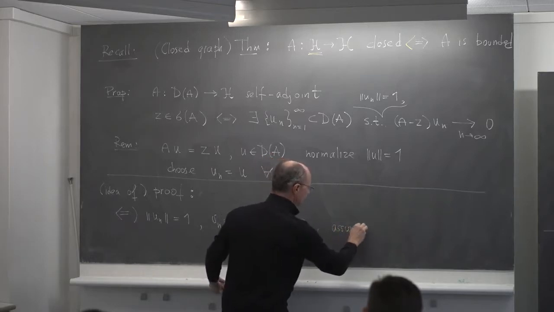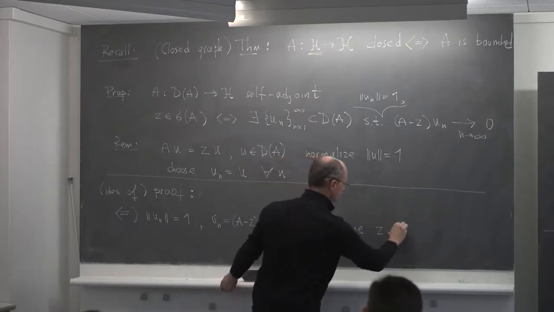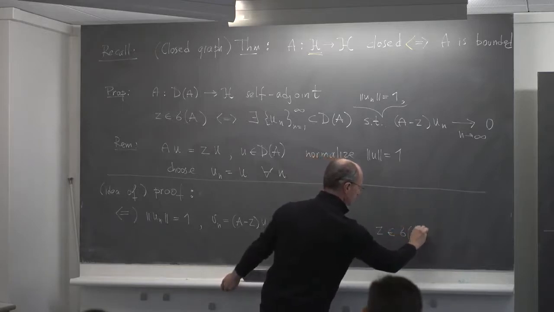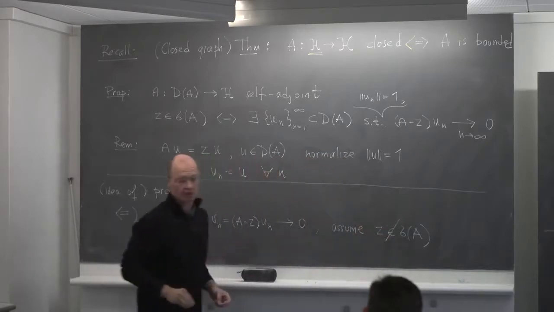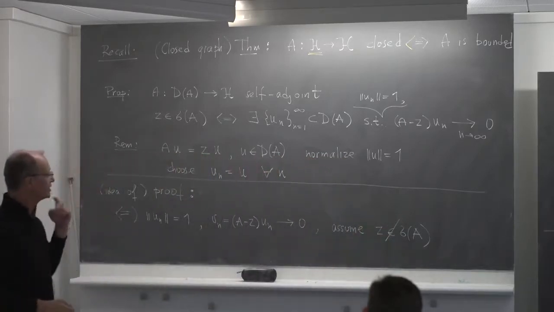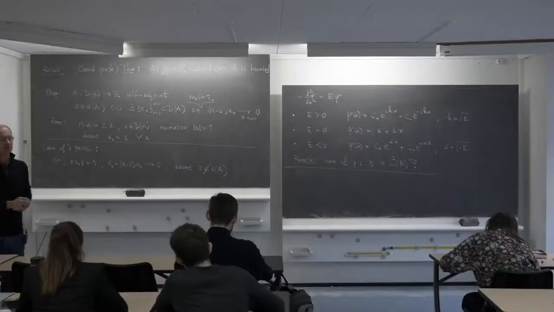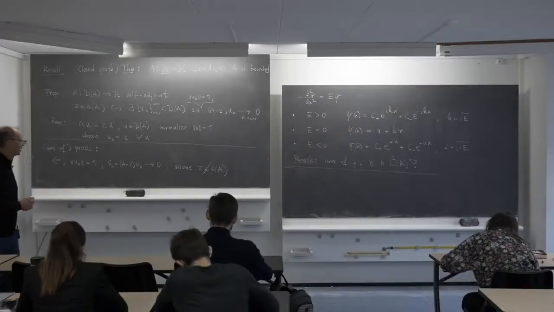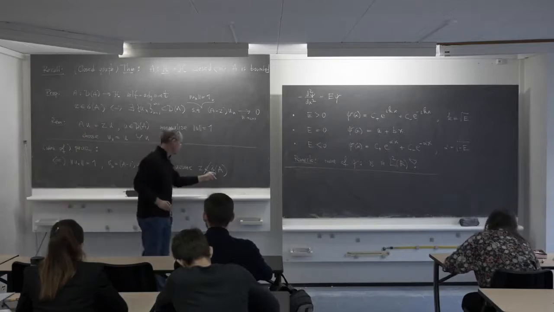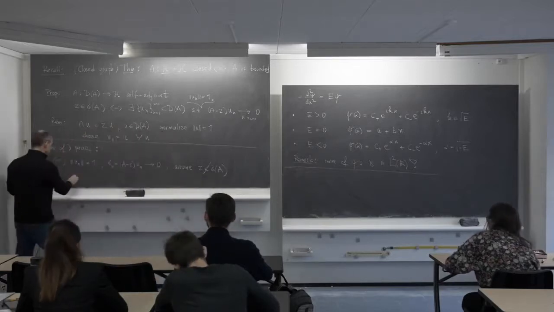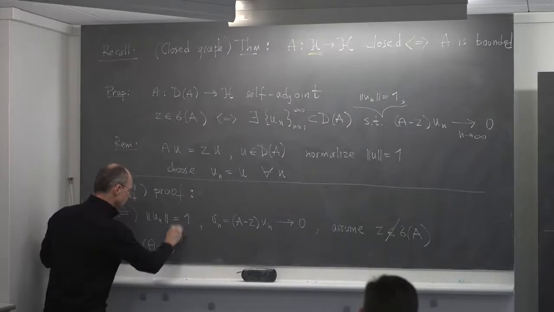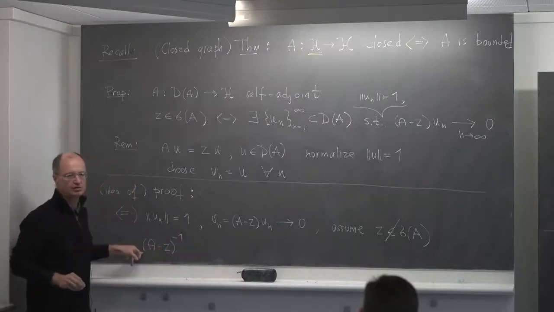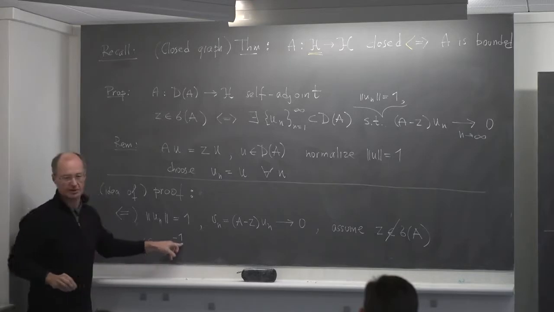So by absurd, assume Z is not in the spectrum of A. If Z is not in the spectrum of A, then it's in the resolvent set of A. And this means that we have an inverse, so A minus Z is an invertible operator.